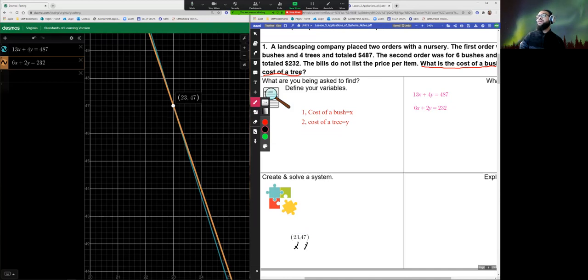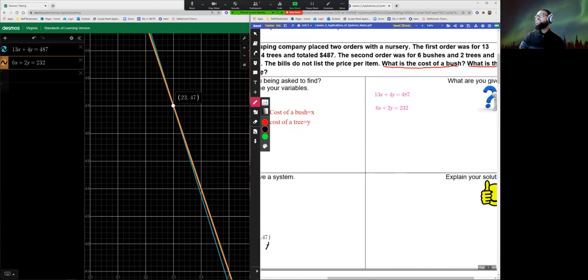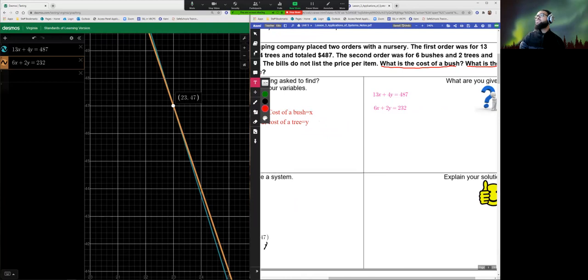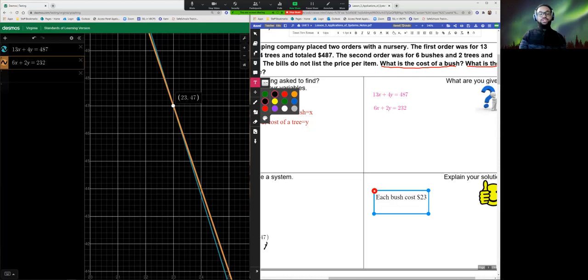And now look here, my X is my cost of a bush. So each bush costs $23, and each tree costs $47.